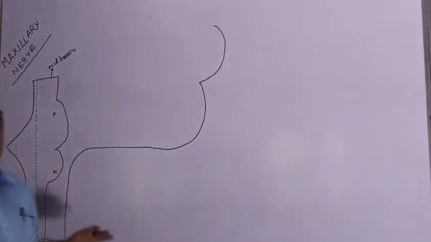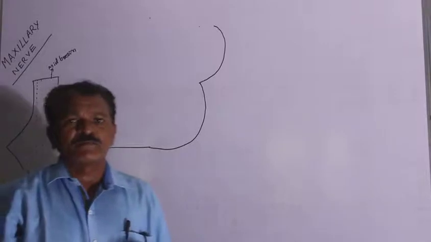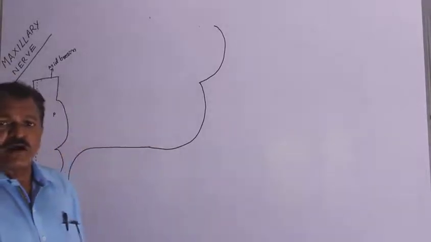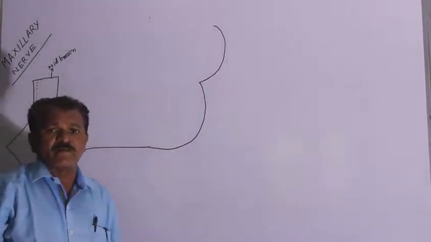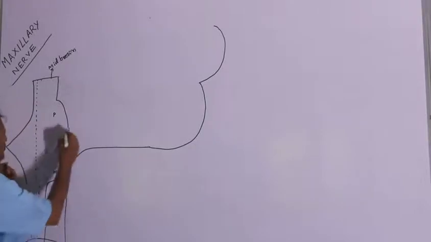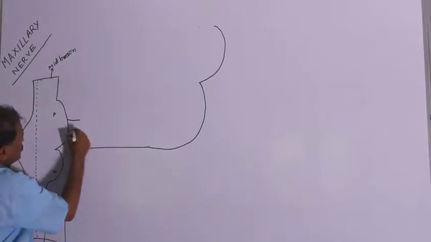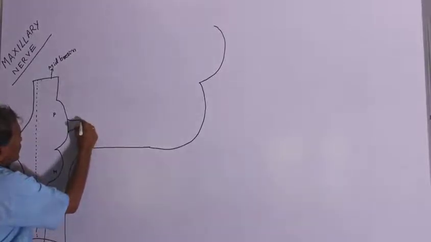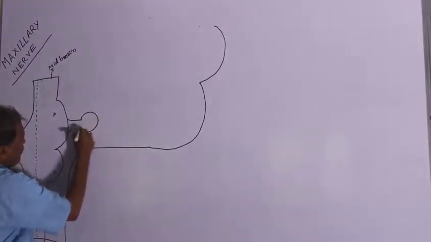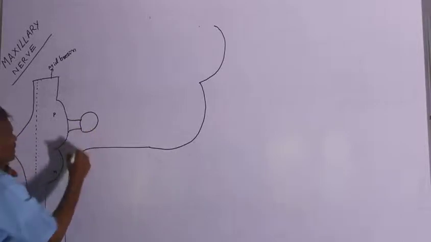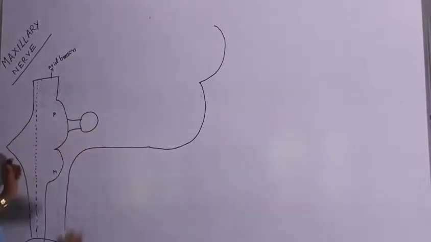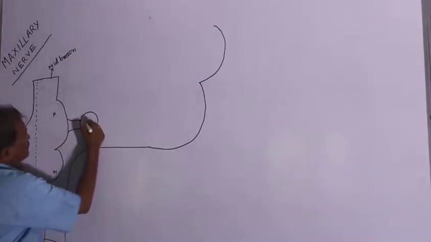At the lateral aspect of the pons, the trigeminal nerve pierces the lateral side of the pons and comes out. And this one is the root of the trigeminal nerve, and this is the trigeminal ganglion.